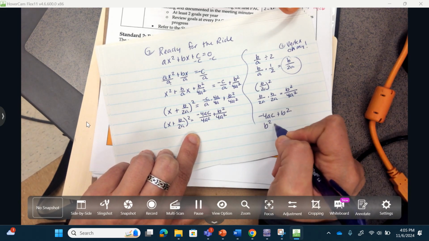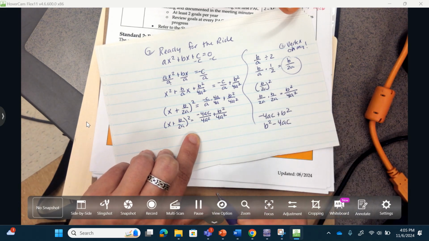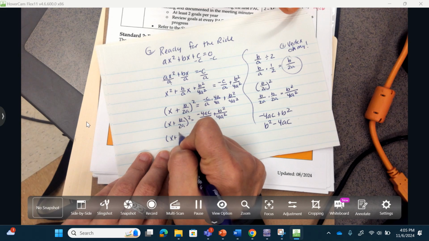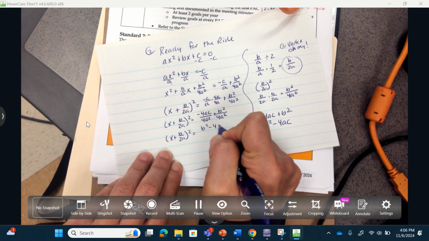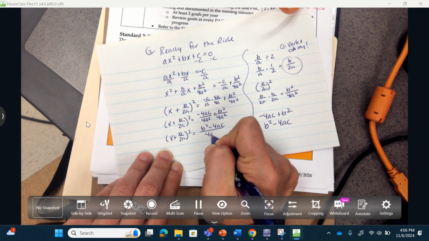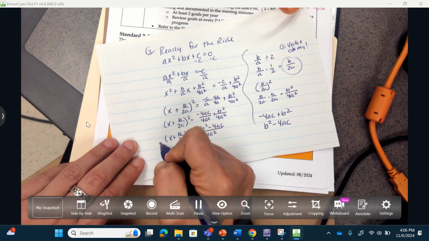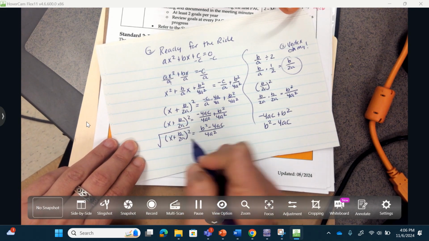I'm going to say that's the same as b squared minus 4ac. That should look familiar. So we have x plus b over 2a equals b squared minus 4ac all over 4a squared. And I am going to take the square root to undo the squaring.